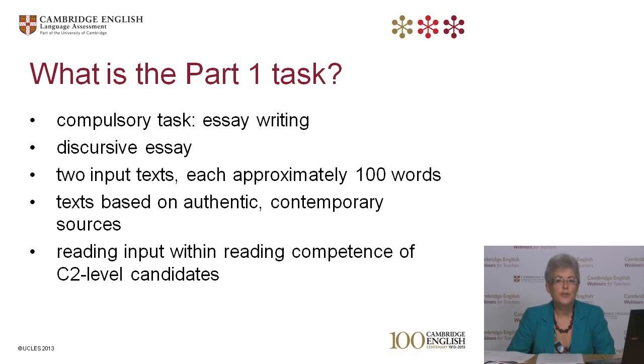And the candidates are given 2 thematically related input texts, which are based on a variety of authentic, contemporary sources. As the focus of the task is on candidates' writing, the level of the input texts will be well within the reading ability of C2 level students.